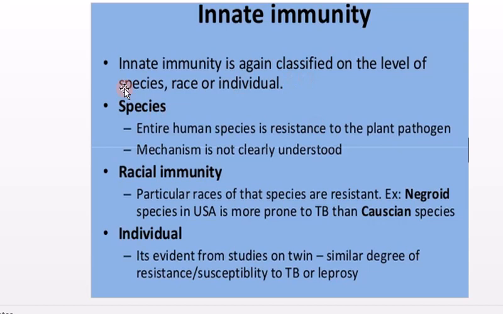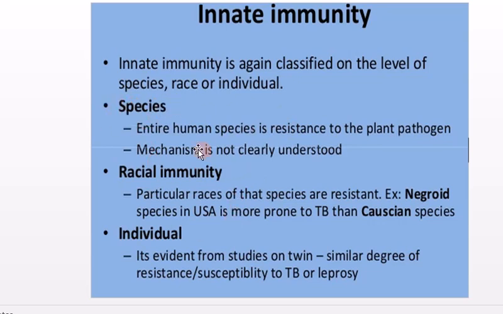Some species are very resistant to a particular group of germs or pathogens. This is because those pathogens that infect animals do not normally infect human beings, and this is called the species level.